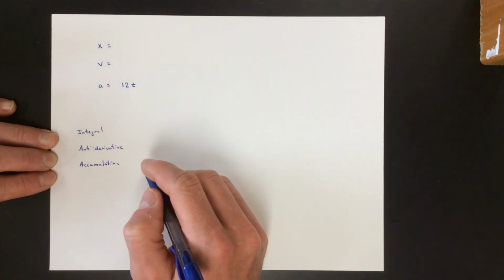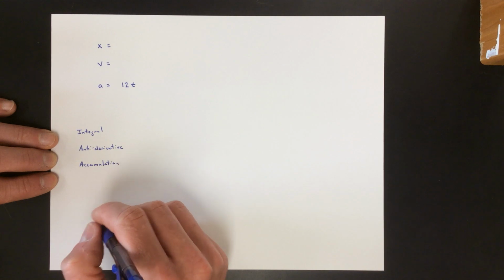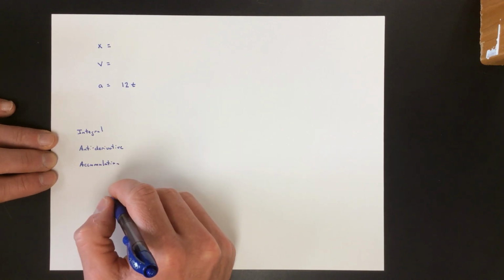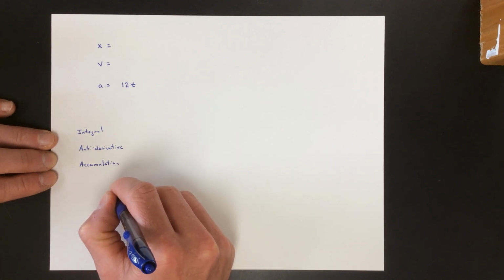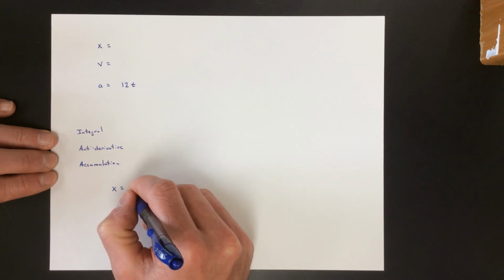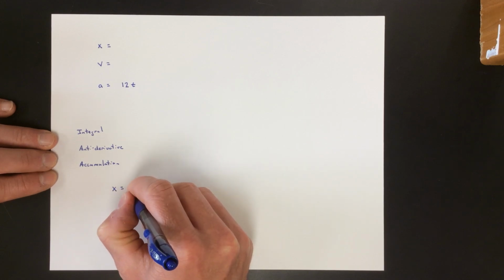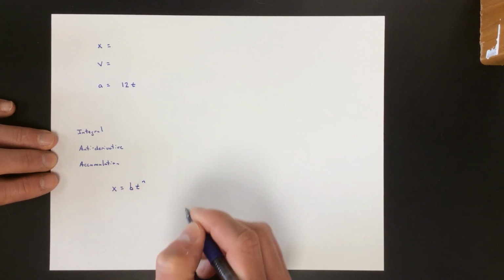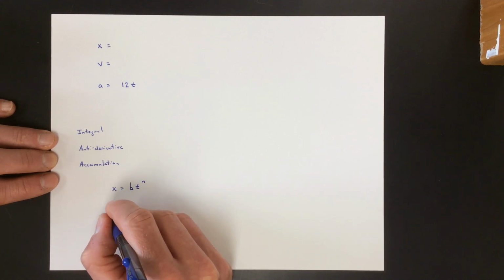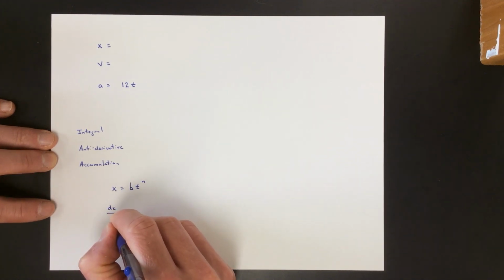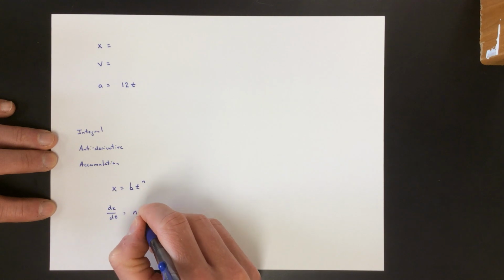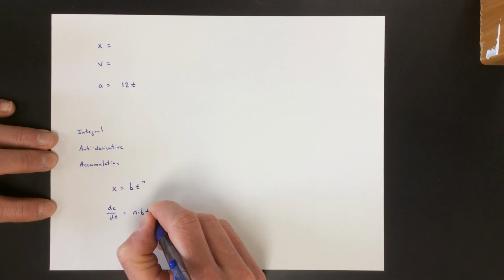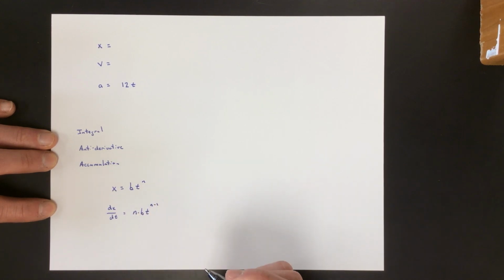And so think about what the other way goes, right? How does the power rule work in the one case? So if we had x equals some random constant b t to the n power, if we looked at the derivative of this, what did we do? We brought down the power and we decreased the power by 1.